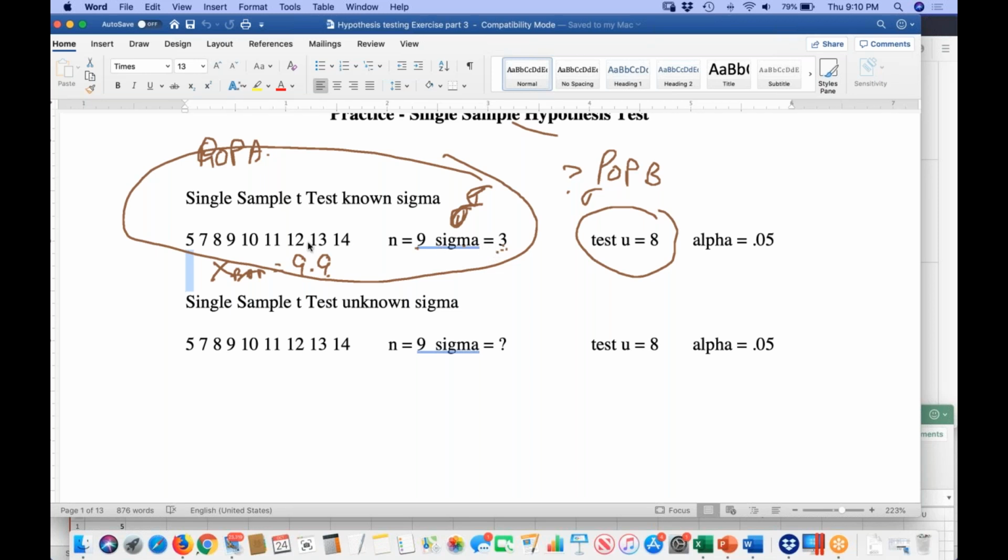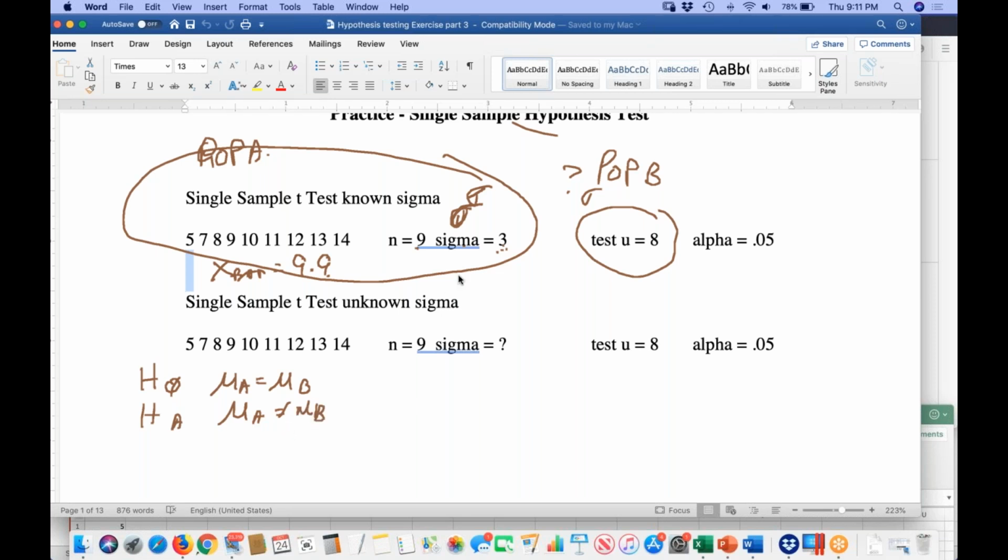So if I set up a hypothesis test here, what would it look like? Well, first thing I would say is the mean for population A is equal to the mean for population B. That's my null hypothesis, H null. My alternative hypothesis would be the mean for population A is not equal to the mean for population B. Now I want to go ahead and prove that.